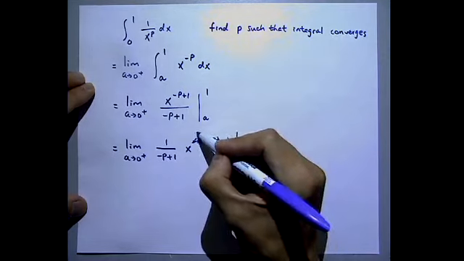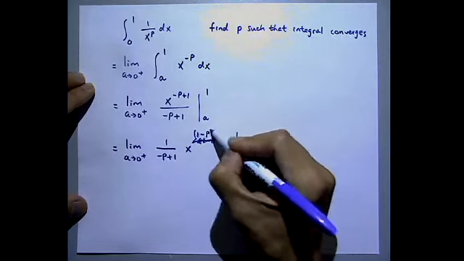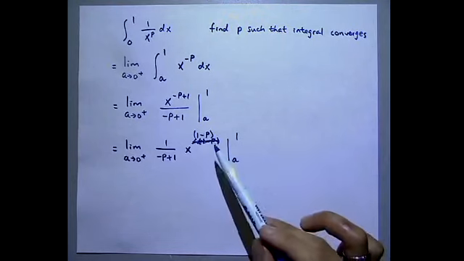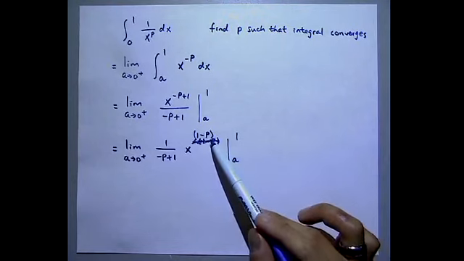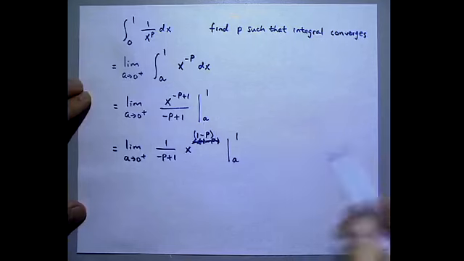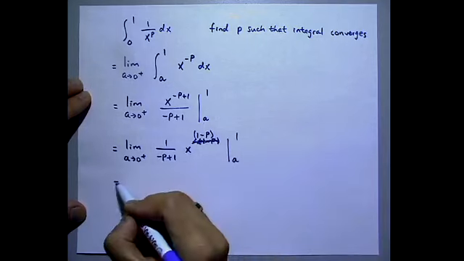Now, 1 minus p is all I need. What am I doing? There, perfect. Okay? Now think about what p has to be so that x to the 1 minus p does not blow up to infinity. Well, actually, let's put a in here, and then we'll worry about that.